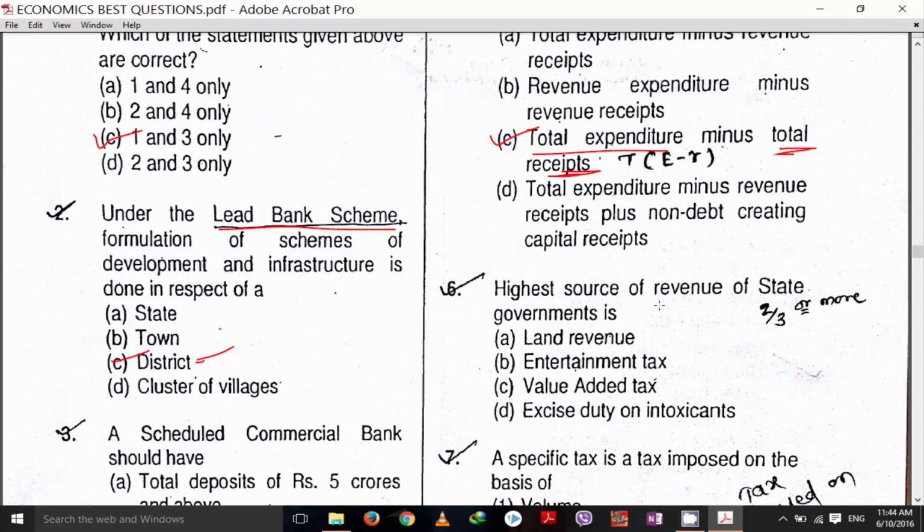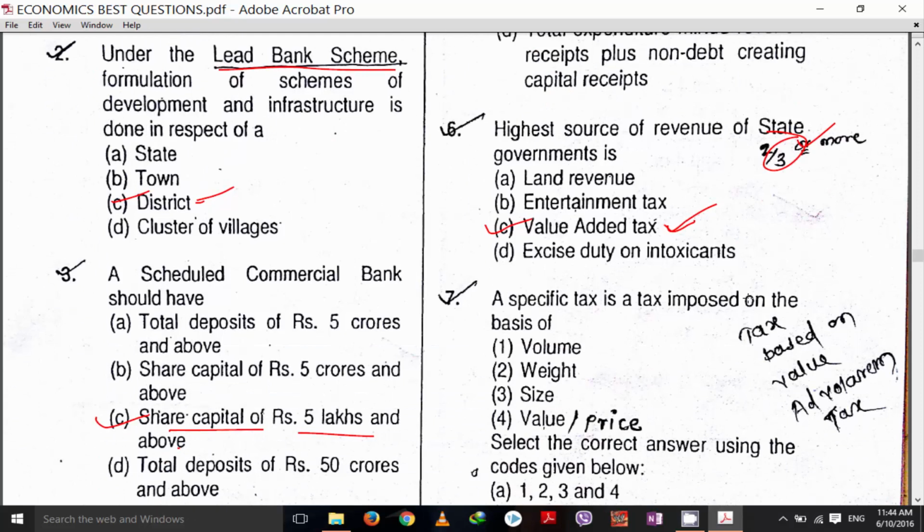Highest source of revenue of state government is, state government का highest source of revenue कौन सा है? So it's value added tax, and it's a service tax. It's 2/3, near about of the government's revenue. The specific tax is a tax imposed on the basis of, specific tax के बारे में बात करें, ठीक है?